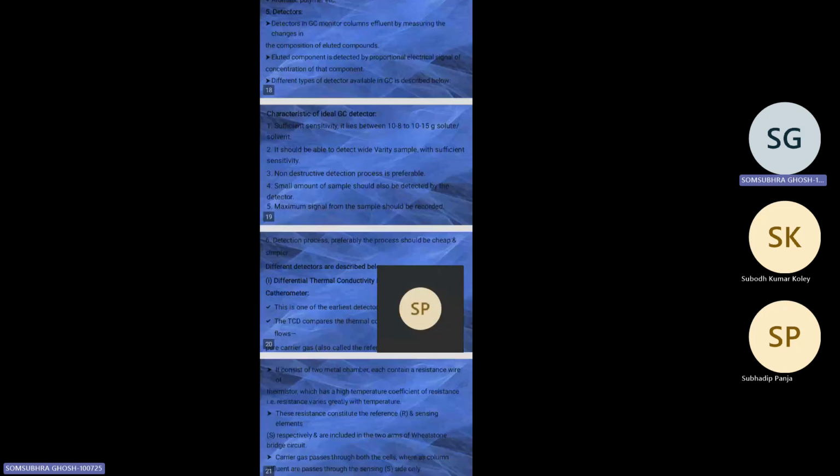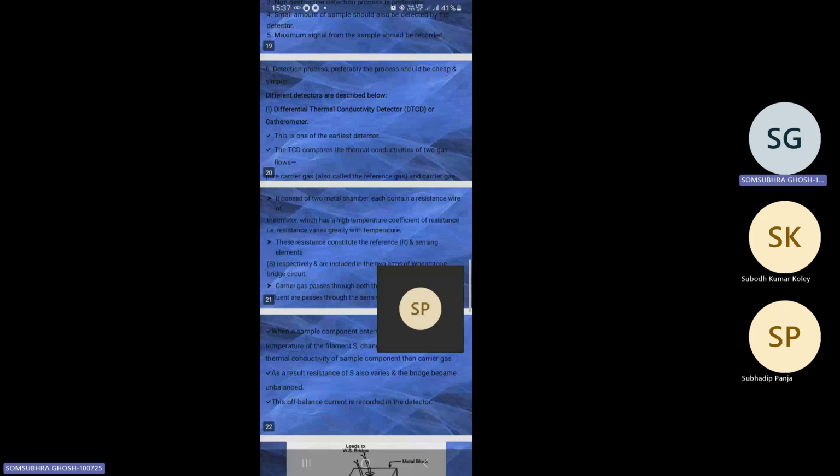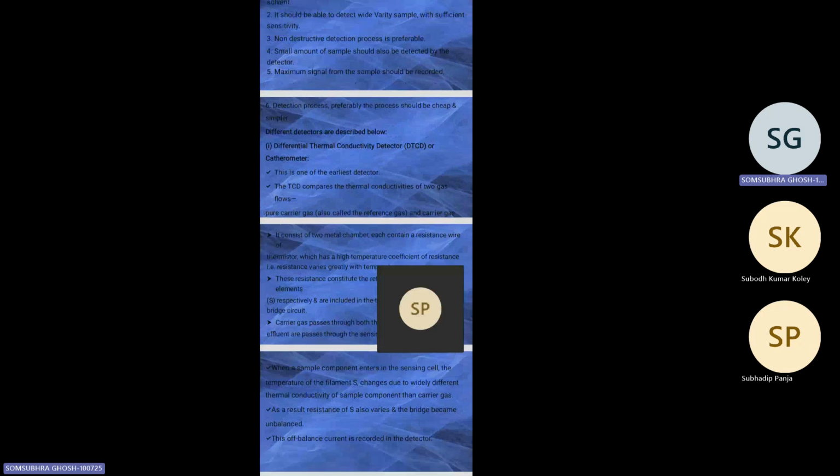This differential thermal conductivity detector, from the name you can assume, gives us the peaks, by which we can identify that some component is separated or a certain component is present. By the peak we can identify.